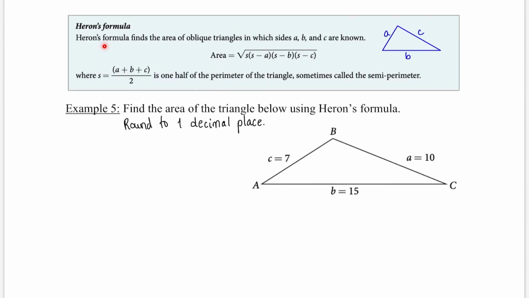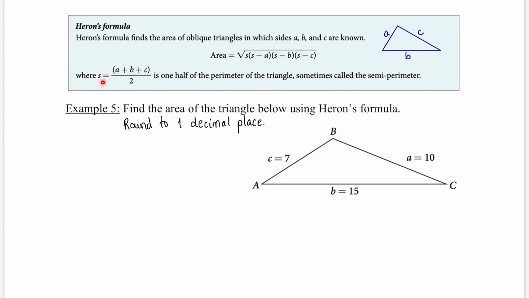Heron's formula is the formula that is used to find the area of a non-right triangle where you are given the sizes of the sides. For example, this is a non-right triangle, and I know side A, side B, side C. I will be able to find the area of this triangle by using Heron's formula.